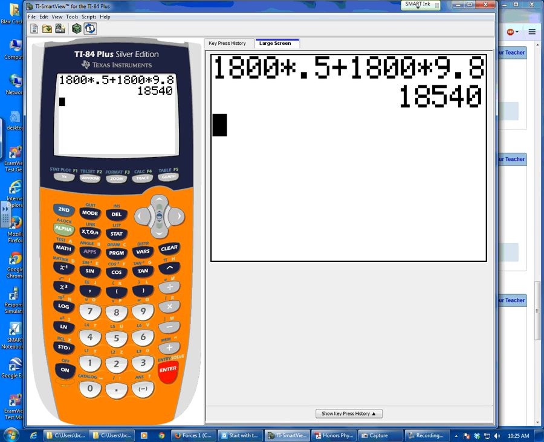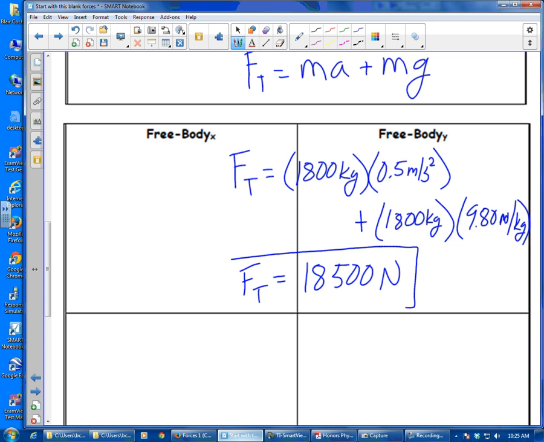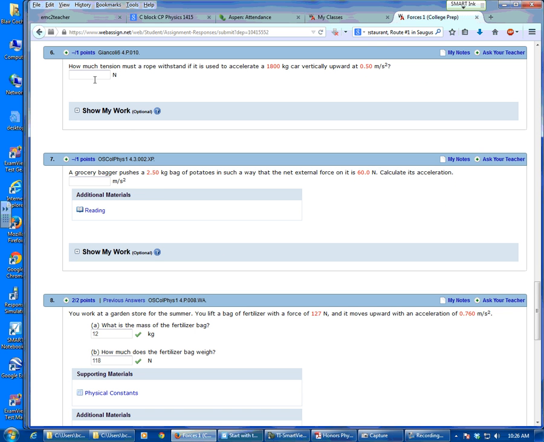I get 18,540. So 18,500, rounding to 3 sig figs. Let's see if I got it right. 18,500, rounded to 3 sig figs. It was 18,540.